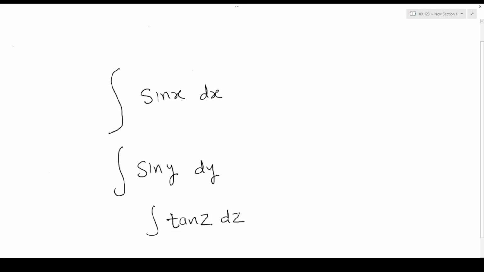So integration of sin x with respect to x, integration of sin y with respect to y, integration of tan z with respect to z. So we speak the integration symbol first, then the function second, and after that with respect to, that is dz, dx, dy, etc.